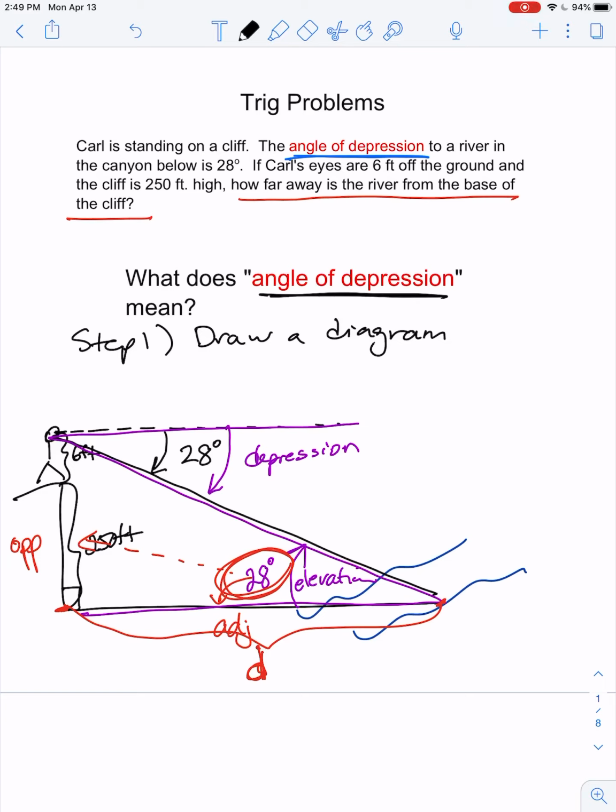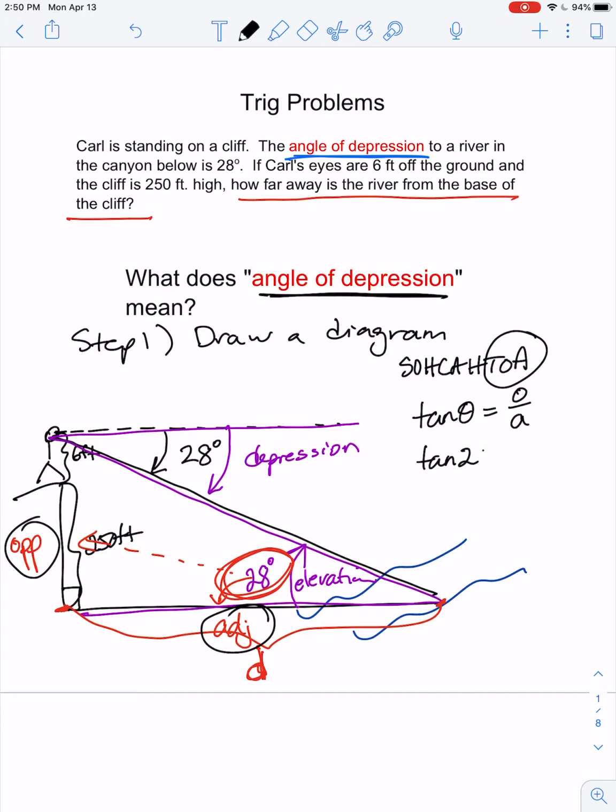distance. So this is opposite, this is adjacent. According to SOHCAHTOA, opposite and adjacent is tan. So tan of the angle equals opposite over adjacent.